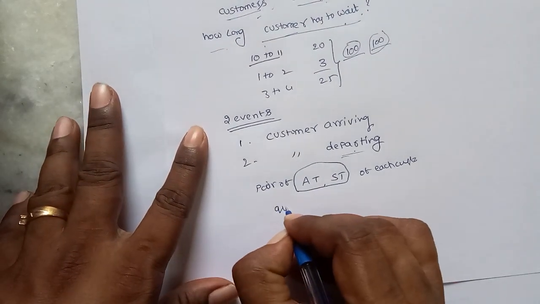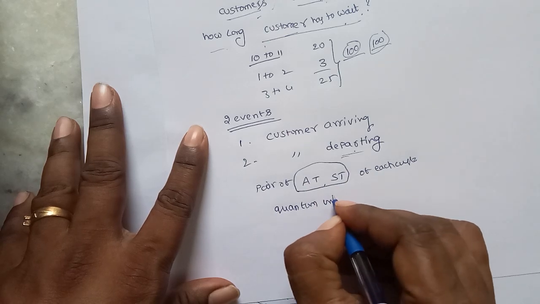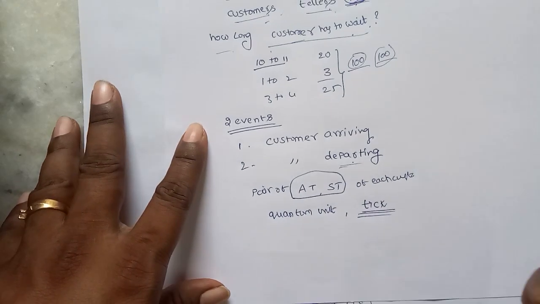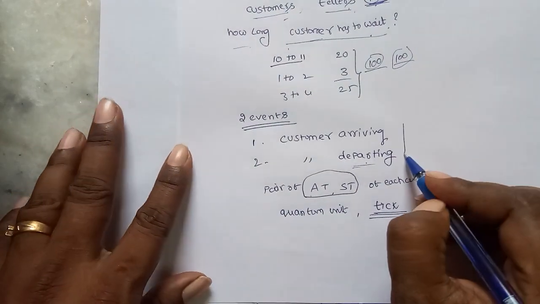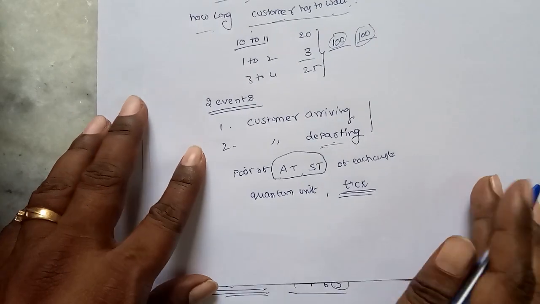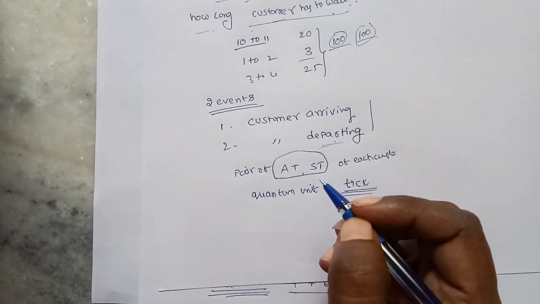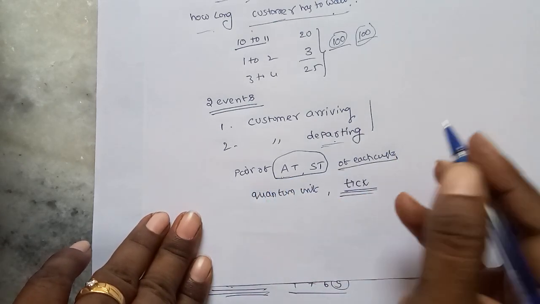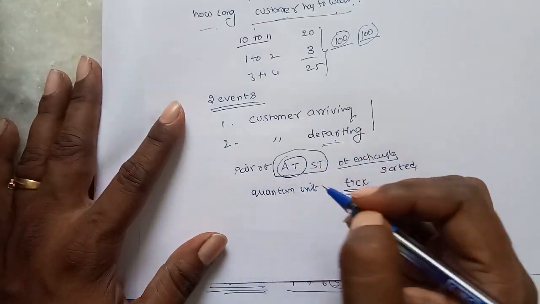And I am using a quantum unit called tick. So remember we have two events, customer arriving and customer departing, and the input stream consists of pairs of arrival time and service time of each customer, and generally these are sorted based on arrival time.